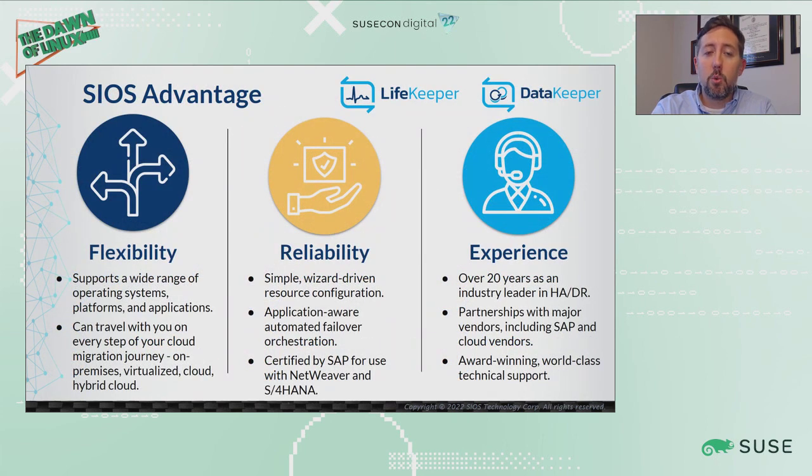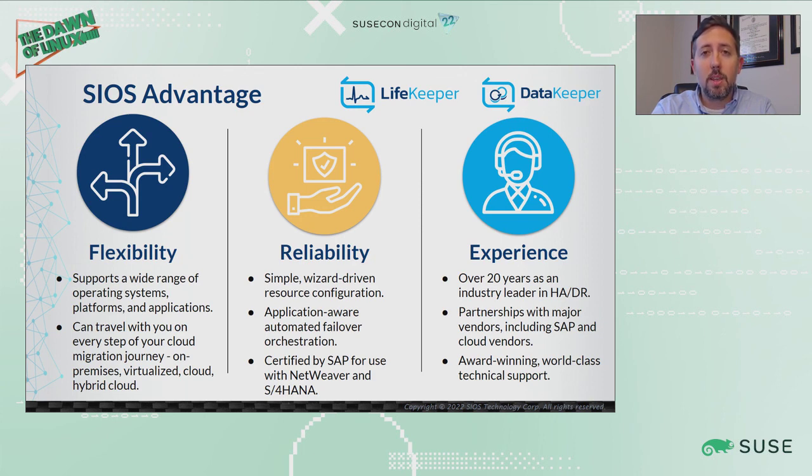Okay, so now just to wrap up, I want to point out SIOS has a highly flexible product line. Remember, it runs on Linux, Windows, on-prem, virtualized, cloud, hybrid cloud, you name it. The products can go on every step of your cloud migration journey with you. We're also very reliable.